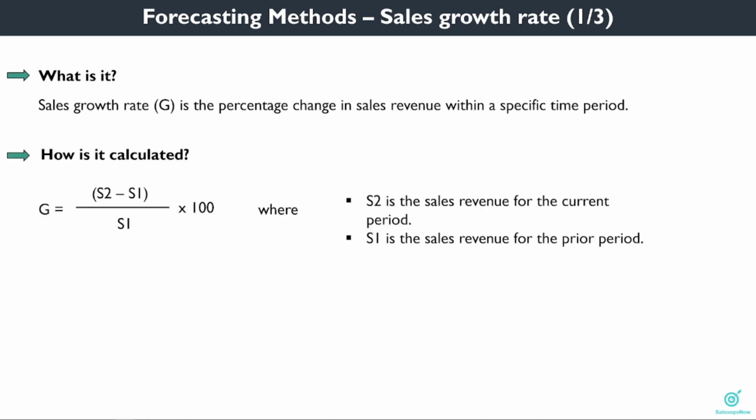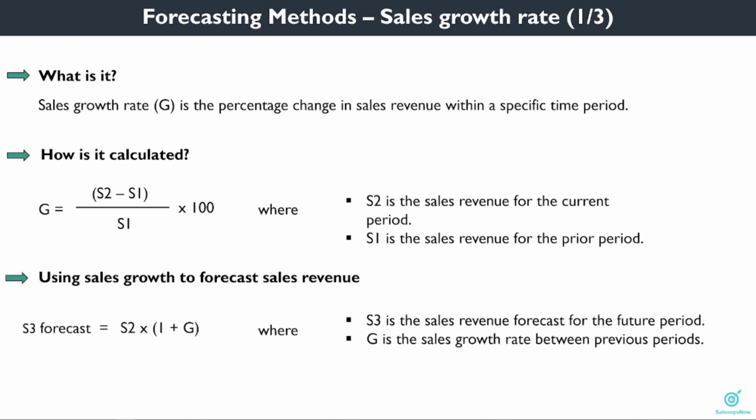The formula to calculate sales growth is sales in time period 2 minus sales in time period 1 divided by sales in time period 1 multiplied by 100, where S2 is the sales revenue for the current period and S1 is the sales revenue for the prior period. Using sales growth to forecast sales revenue requires the following.